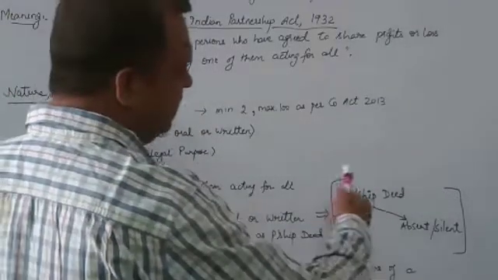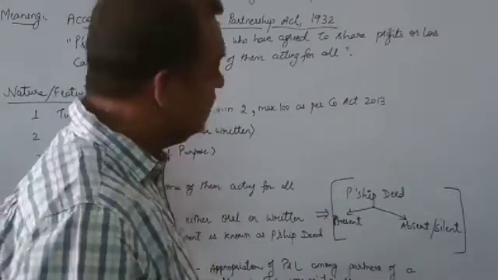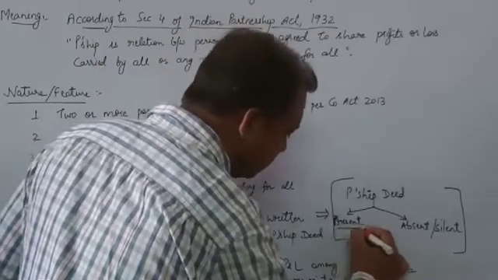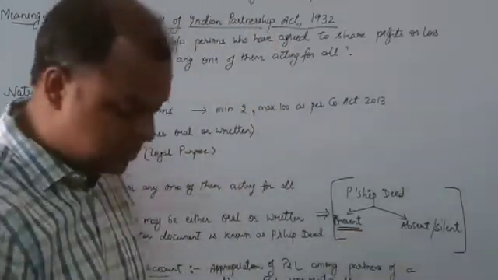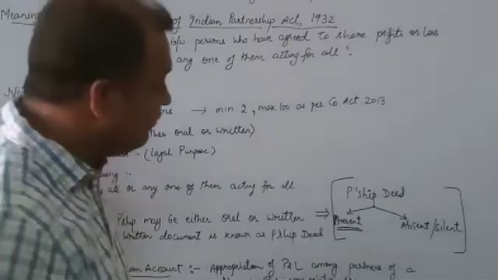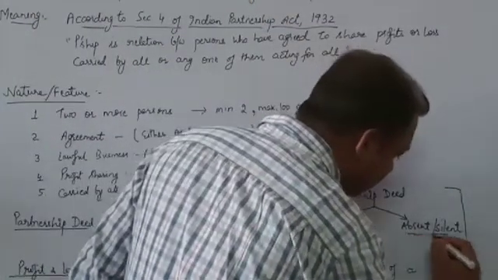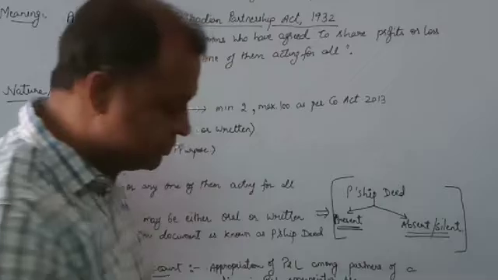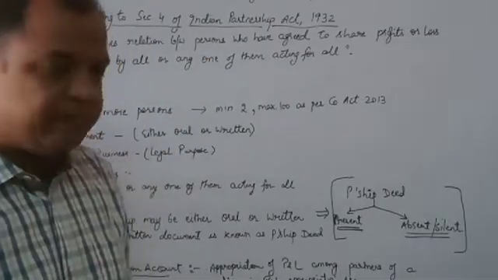Now, if a deed is written, it is said that an agreement is present among partners. If an agreement is not there, then it is said that the agreement is absent or silent.